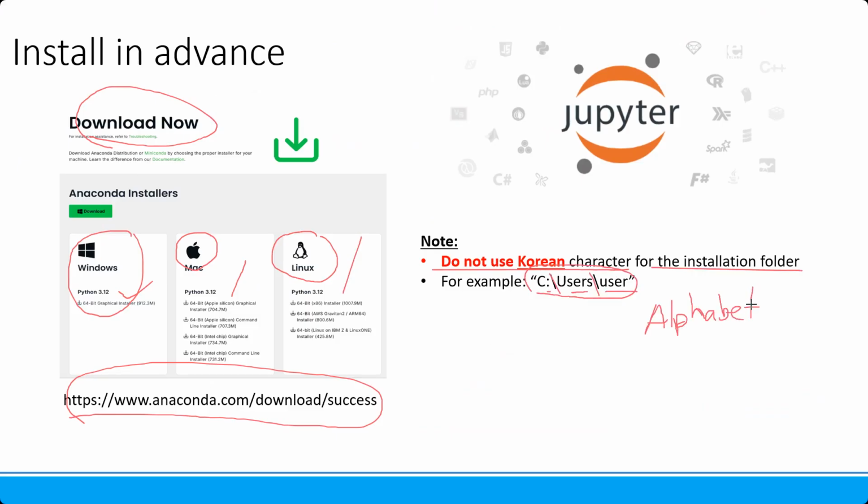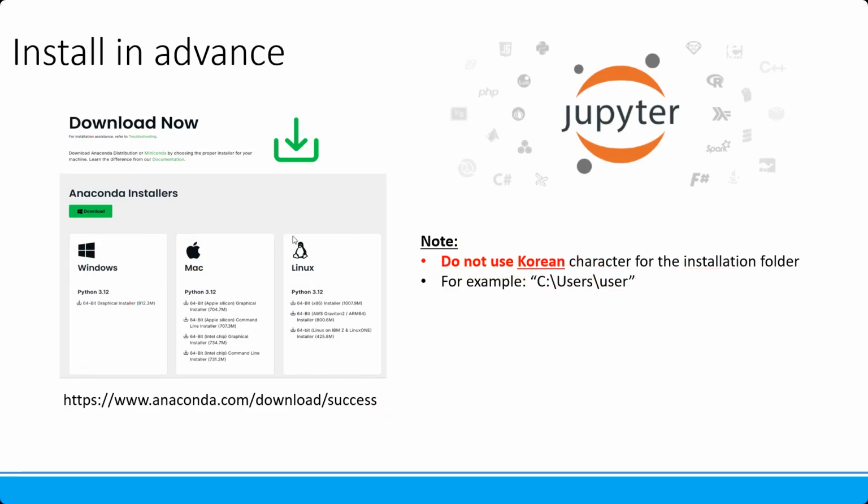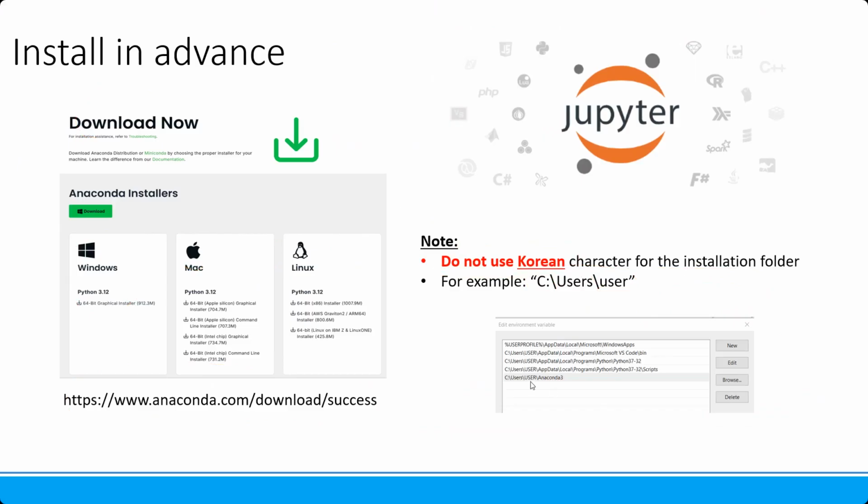Until now, there is no solution with Korean characters. If you use your Korean name for the user, it will be a problem. When you install Anaconda, please use the alphabet ABC. So for example, like this one, you can see here.